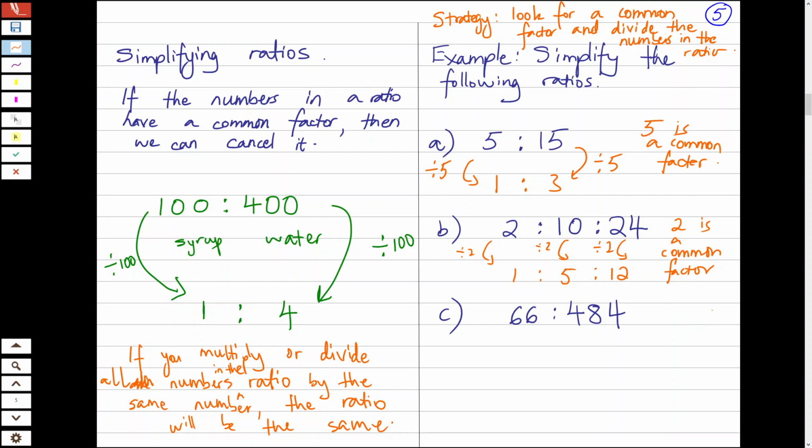I think 6 won't go in, Jess, because 6 times 8 is 48, and I got 480 there. Alright, so let's try 11. If I divide 66 by 11, I'll get 6, and if I divide 484 by 11, I'll get 44.